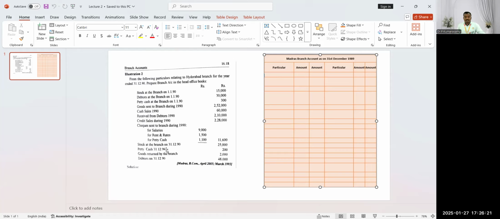Then closing stock, petty cash closing, goods returned by the branch, closing debtors. These are the data we have for the branch account.